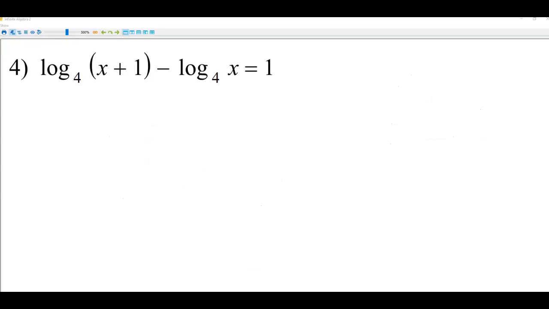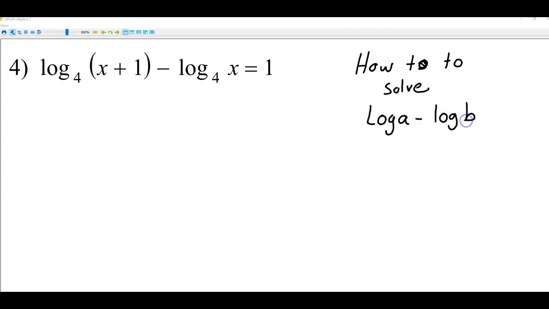For example 2, we're going to talk about how to solve log A minus log B. So it's subtraction.